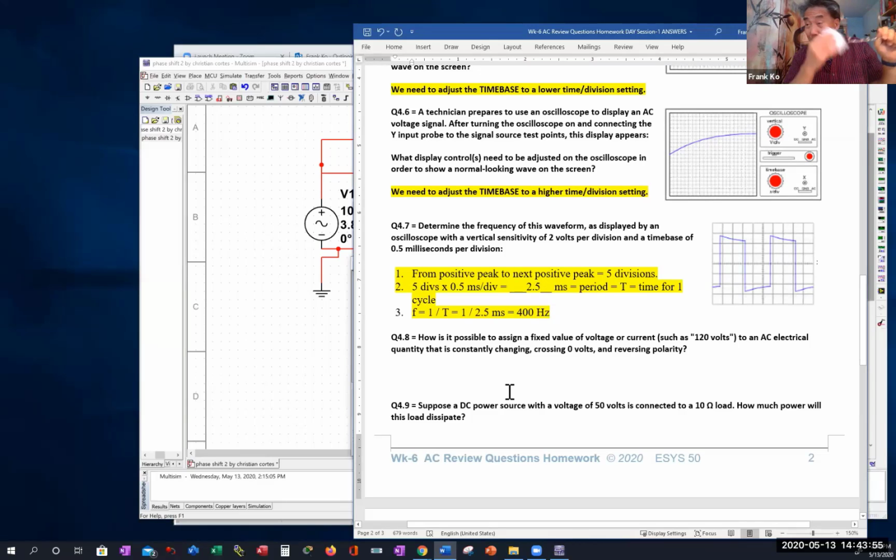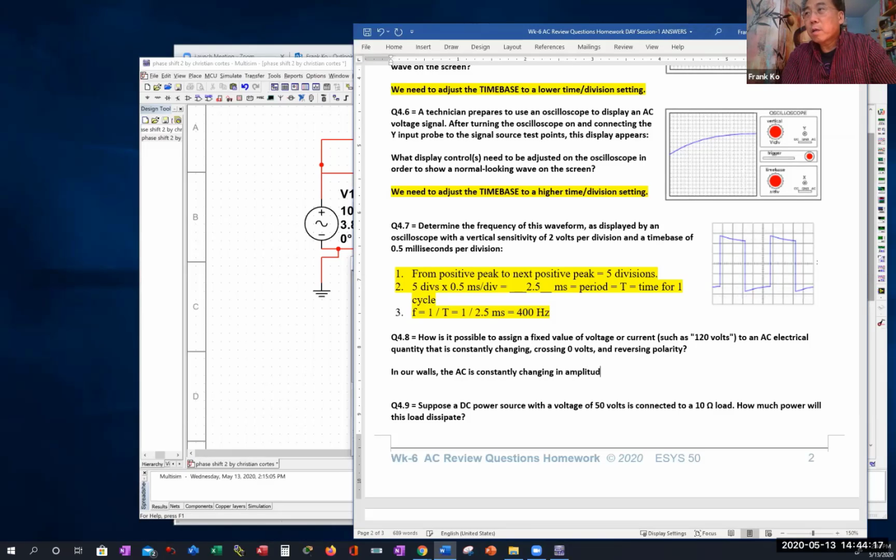So what it comes down to is this. The AC that you have in our walls is constantly changing in amplitude.